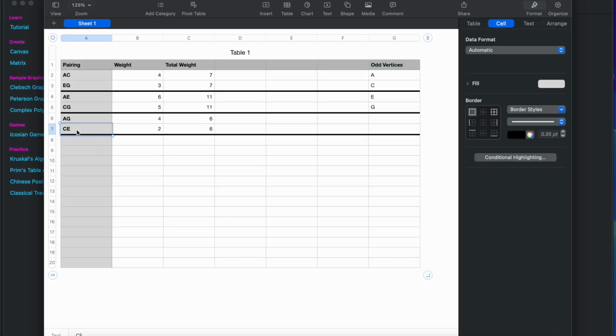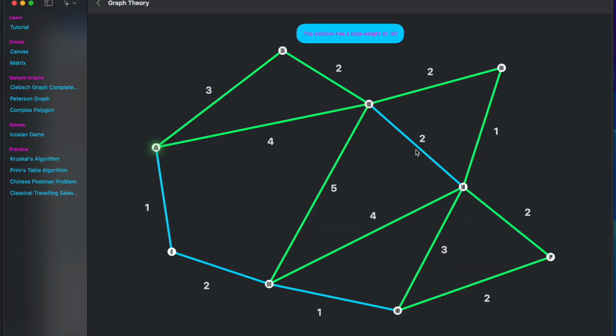And then last we had the shortest path between C and E. That is this direct edge of weight 2. That is in blue, meaning that that edge has been traversed twice. So we have solved the Chinese Postman Problem, and we have found that the shortest route for the Chinese Postman Problem has a total weight of 40.